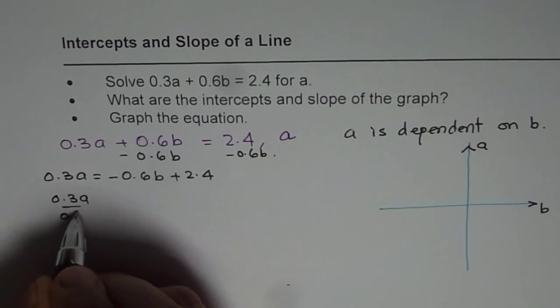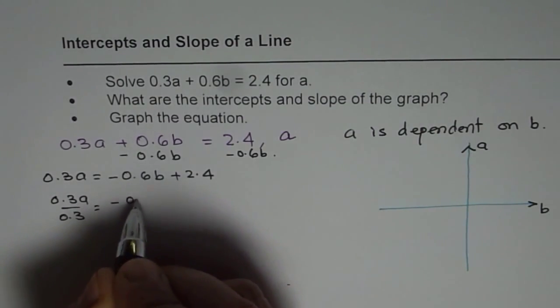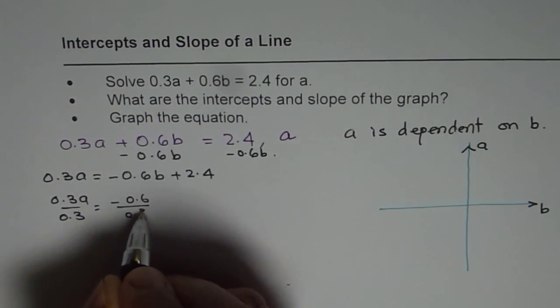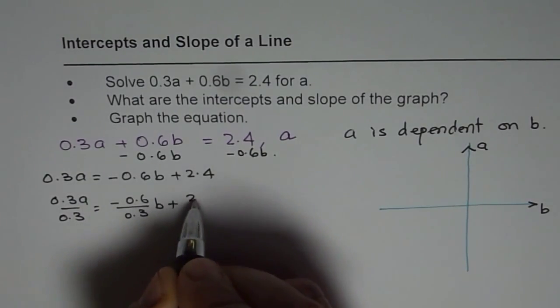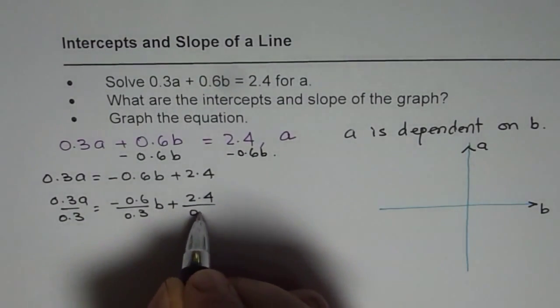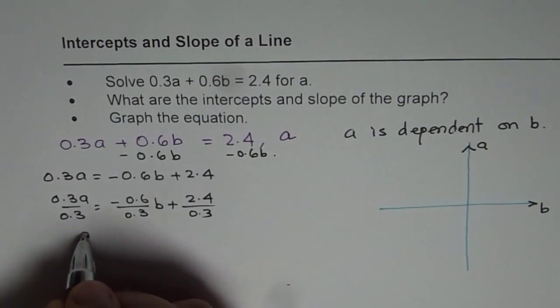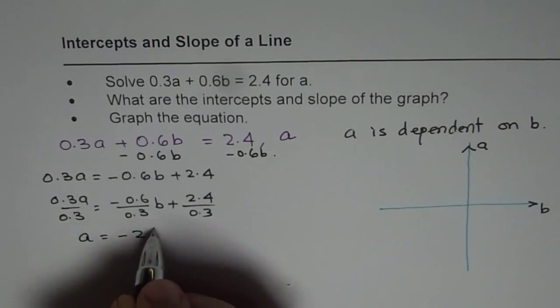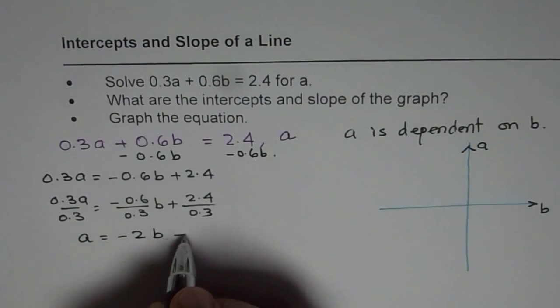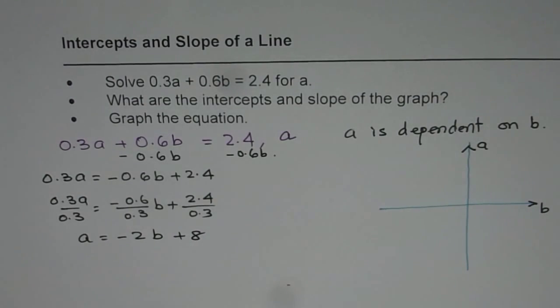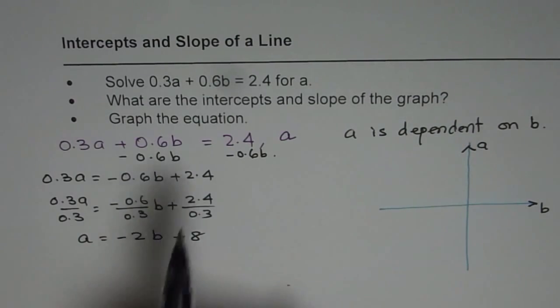Divide by 0.3: minus 0.6 divided by 0.3 plus 2.4 divided by 0.3. So that gives us a equals minus 2b, and that goes 8 times. Correct. So a equals minus 2b plus 8 is your equation where b is independent and a is dependent, right?